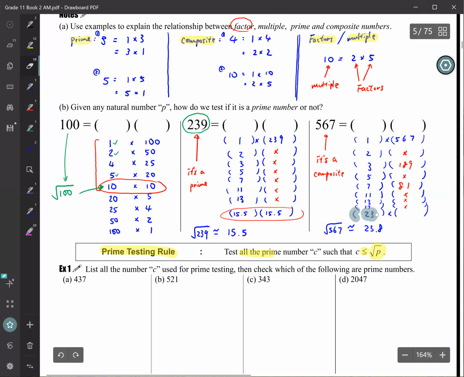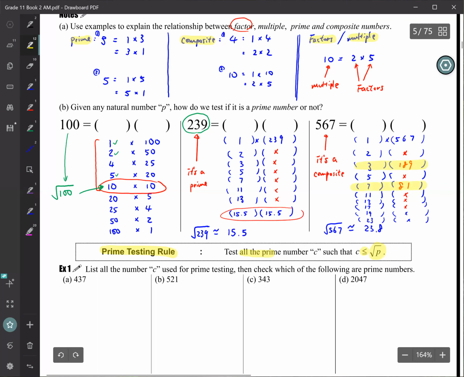No. Okay, 19 doesn't work. And then 21, 22, 23. Last one, Yosher, how about 23? No. Okay, so the only pairs that work will be 3 times 189 and 7 times 81.